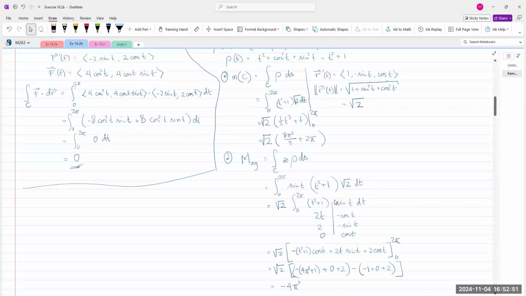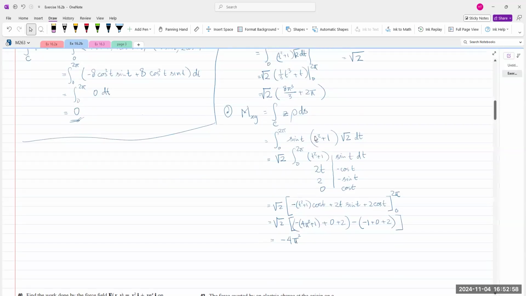Do I make any miscomputation somewhere? Integral. I don't see any problem, which is strange. The moment should not be negative here. I need to see what's wrong.